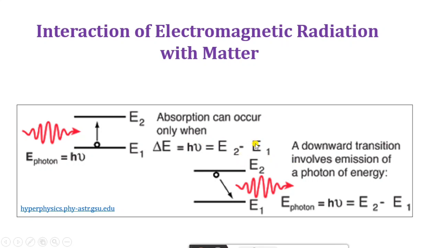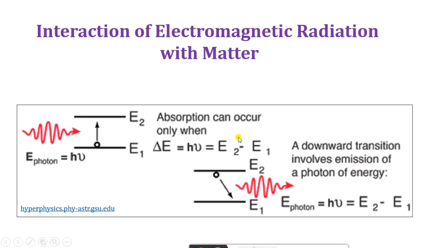And another point is, the molecule goes from a lower energy level to a higher energy level by absorbing a particular amount of energy from a radiation. And it will emit that energy and go back to the ground state normally.